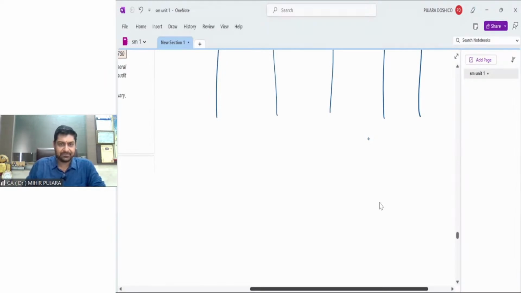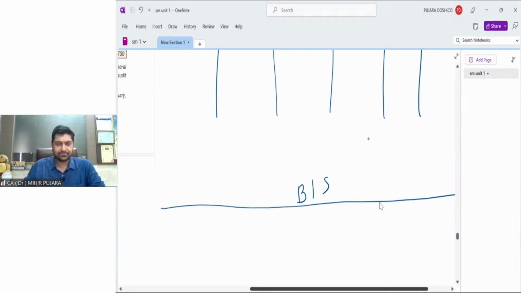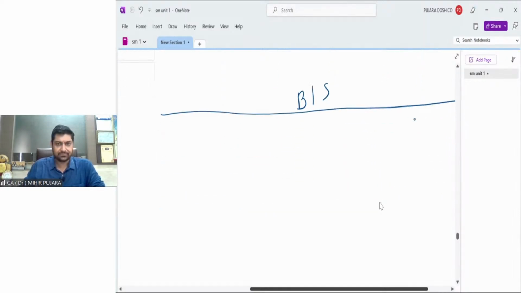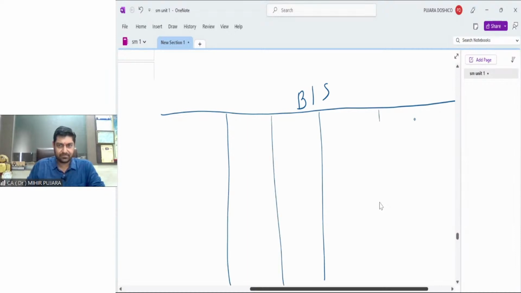After RNP, balance sheet. In exam also, please make 2 columns.